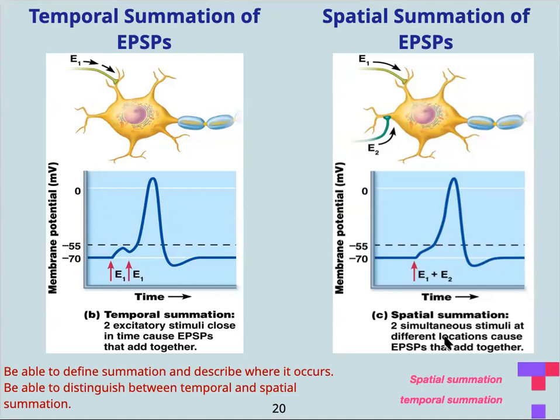Spatial summation is stimuli happening at the same time, but at different locations. Those get transmitted through the postsynaptic cell's body and then add together at the initial segment. So we have summation through space and summation through time.